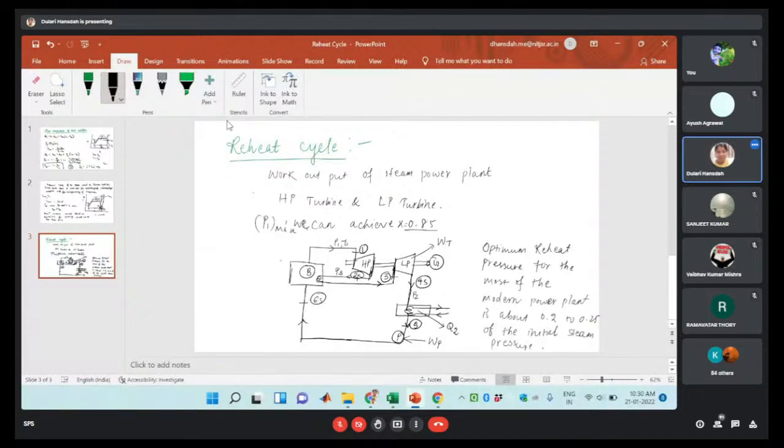Okay. So in case of the reheat cycle, the mean temperature of heat addition will depend upon the pressure. Okay. So to increase the maximum work output of the steam power plant, we can go up to a number of reheat processes. So the heating is done at different constant pressures. You can go up to two reheat processes, and three, four, like that.